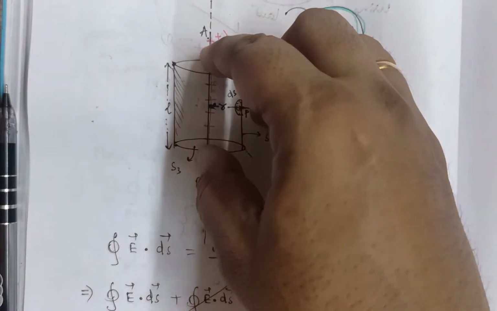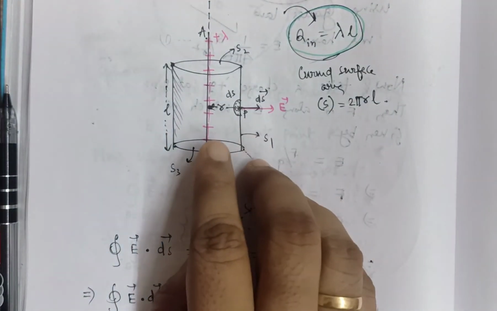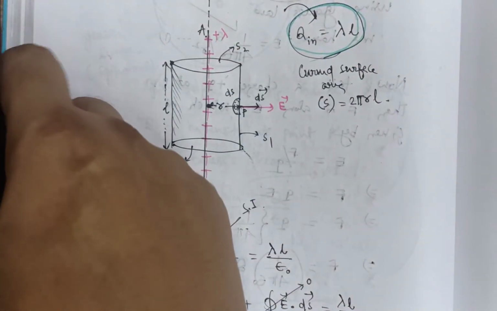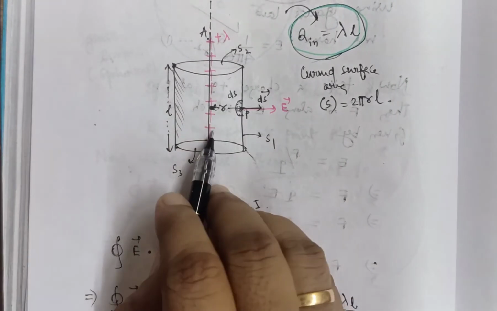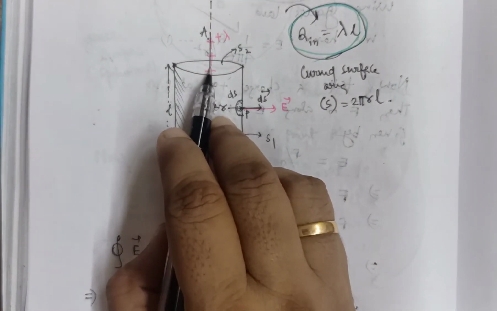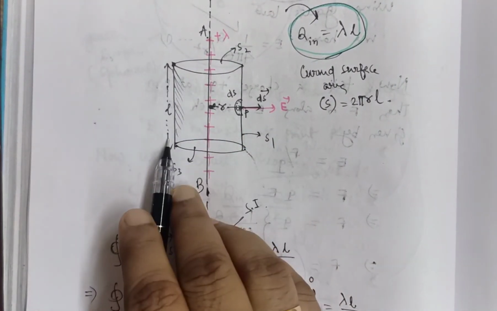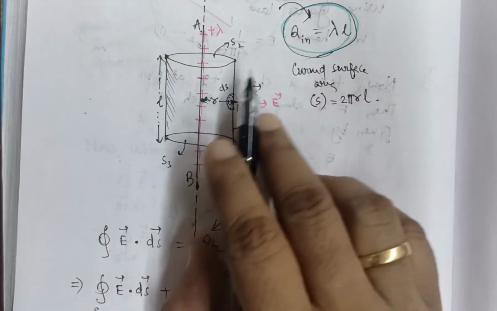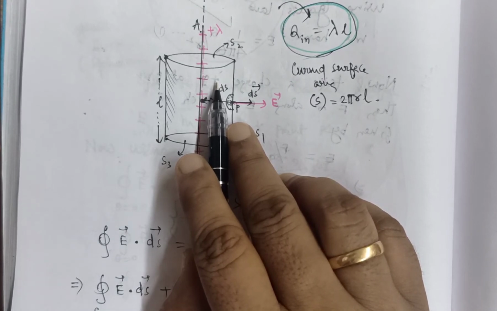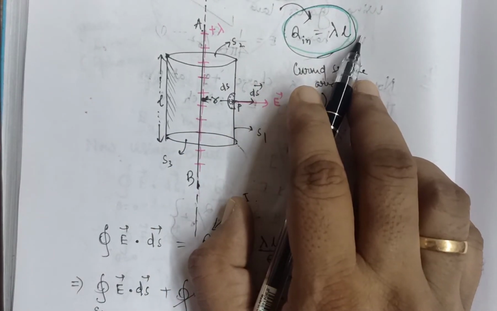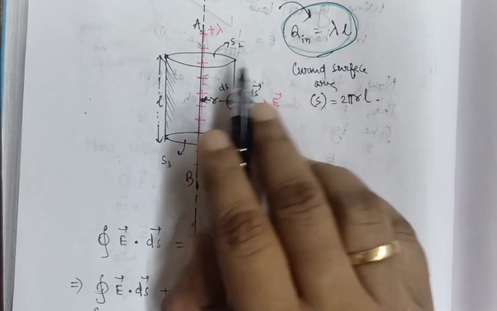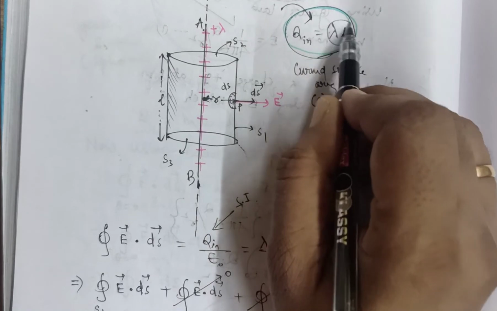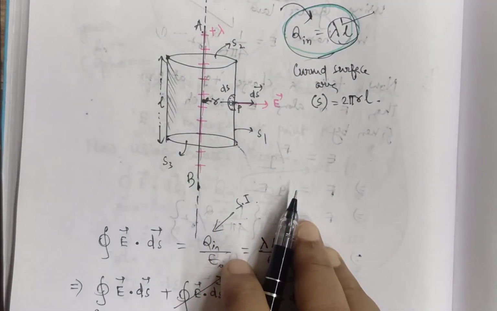Per unit length the charge is lambda, and the length is L. So Q inside, the charge present inside the chosen Gaussian cylinder, is lambda times L.